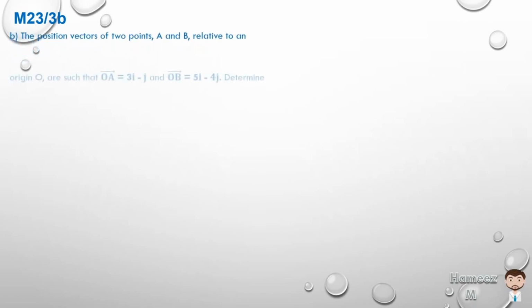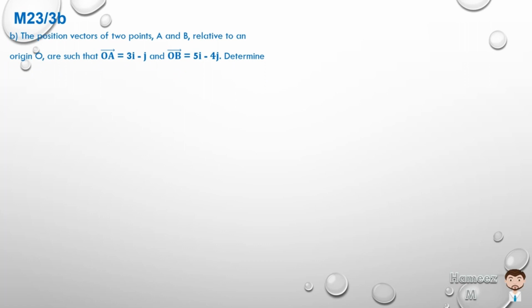May 2023, question 3b. The position vectors of two points A and B relative to an origin O are such that OA is equal to 3i minus j. So let's bring up a little sketch of a graph, with the point O being the center, or the origin. If it's 3i minus j, it means you're going 3 units to the right and 1 unit down. So we can draw a green line from O to A, to give us a general idea of what the vector OA represents.